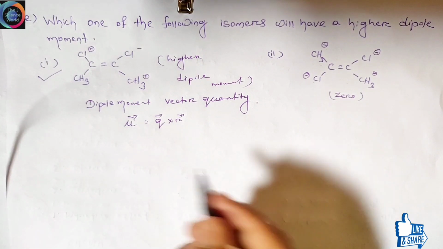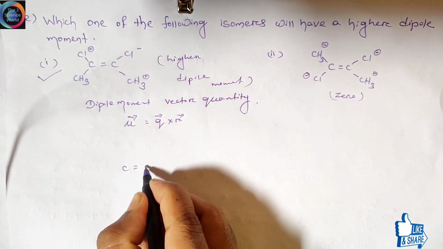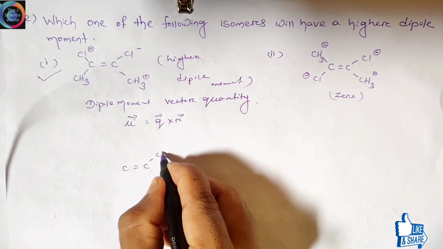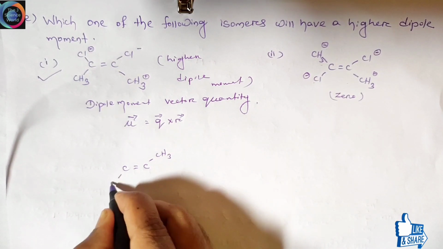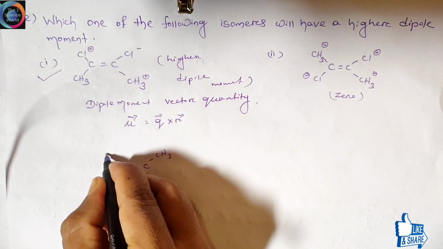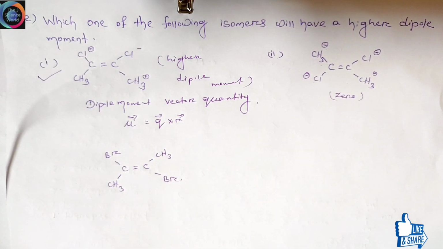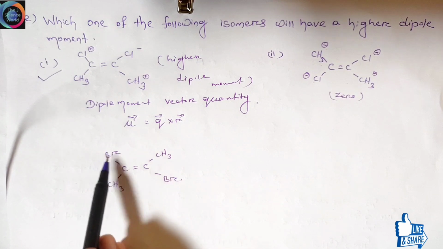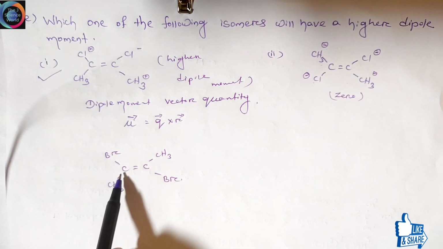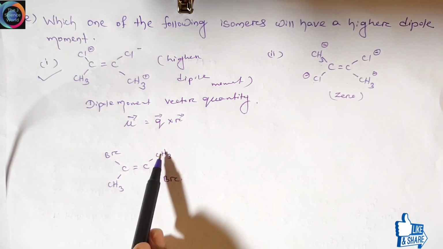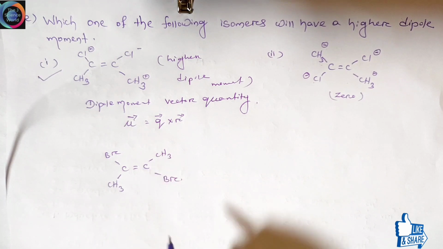Similarly, we take another example. In this case you clearly see the bromine atoms are on opposite sides of the carbon-carbon double bond, and the methyl groups are also on opposite sides of the carbon-carbon double bond.